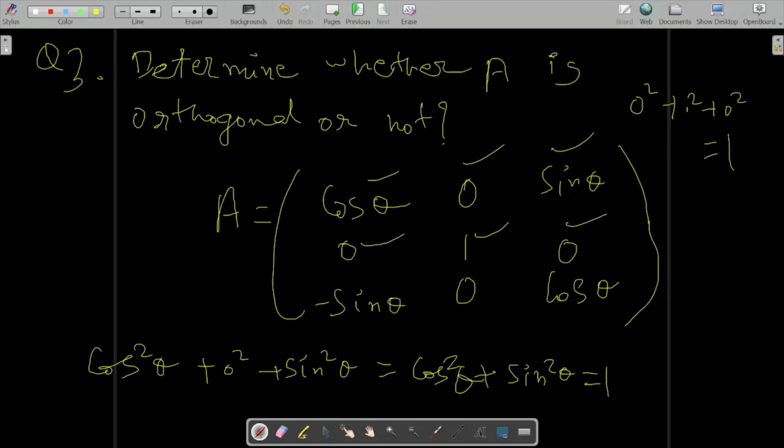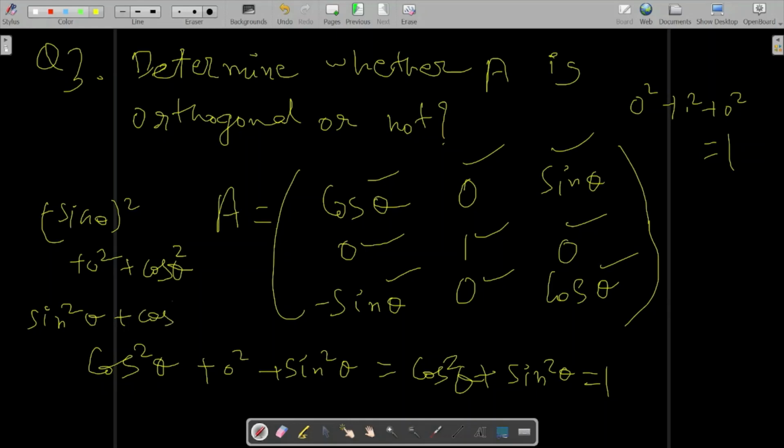Means the second row also satisfies the condition. Then the third row: minus sine theta whole square plus 0 square plus cos theta square. Clearly that turns out to be sine square theta plus cos square theta, which is 1. So the third row also satisfies the condition.